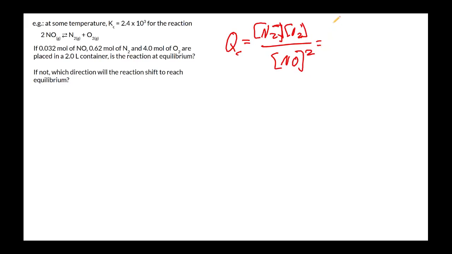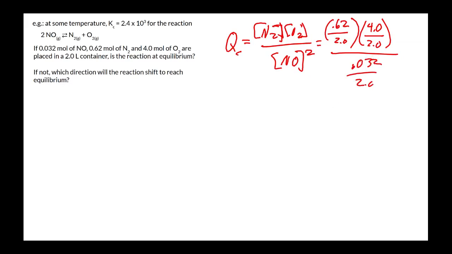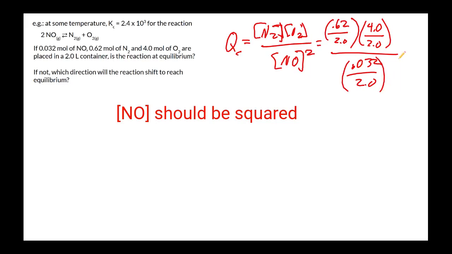And under our conditions here, that's going to be 0.62 moles in our 2 liters for the N2 and 4 moles in our 2 liters for the O2. And then in the denominator, we have 0.032 moles in our 2 liters. When we calculate this all out, we come out to 2,400.